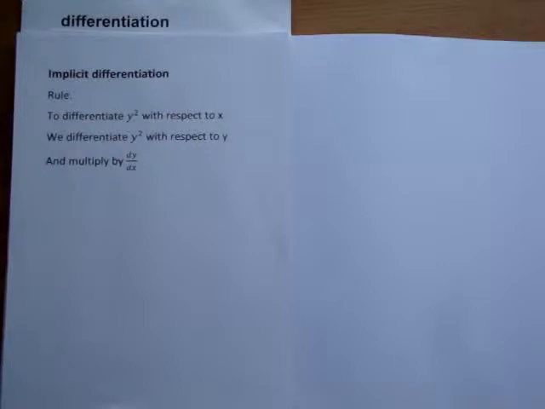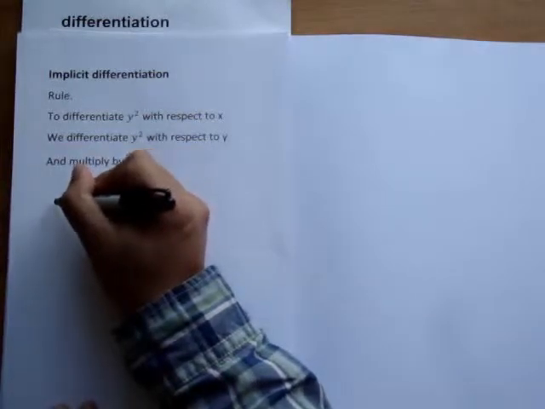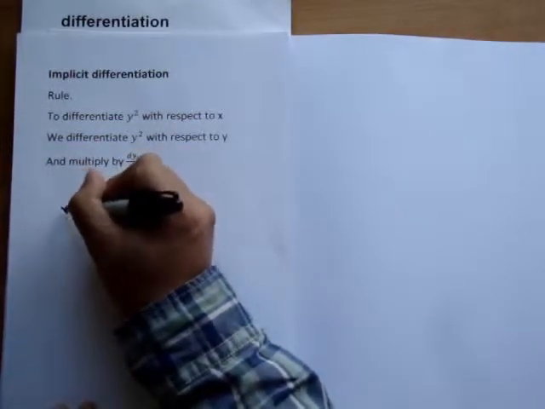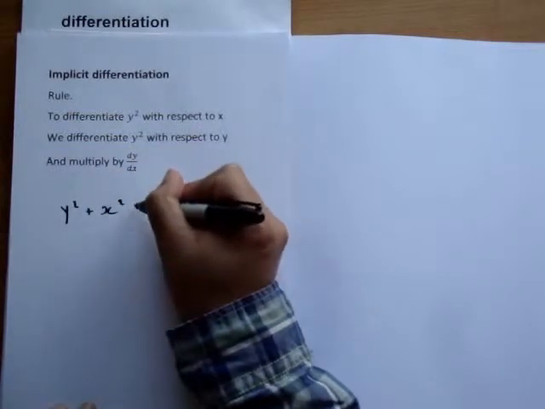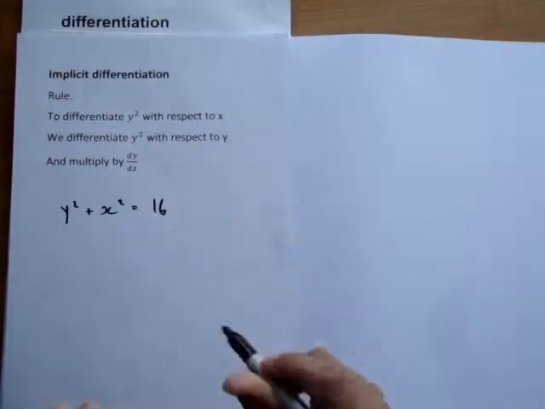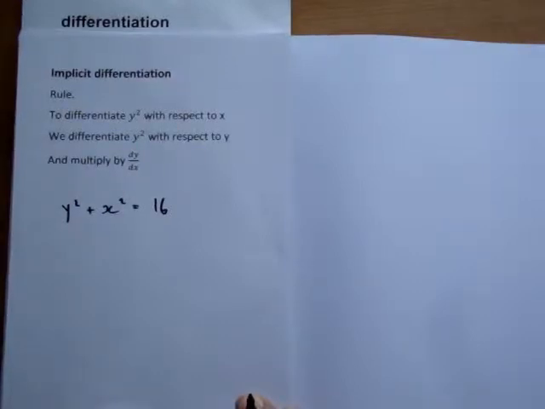Let's have a look at this in action. So if we have the equation for a circle, which is y squared plus x squared equals 16, and we want to differentiate that using implicit differentiation.